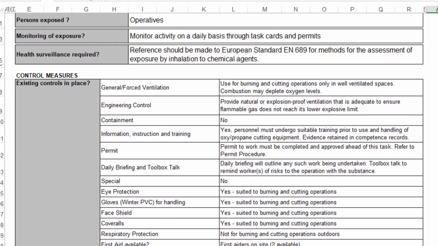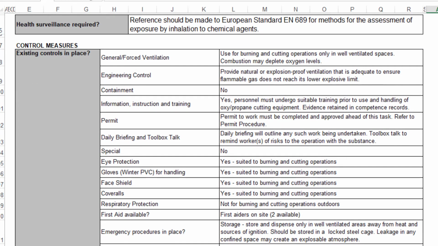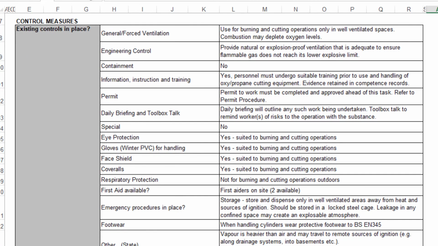We see that we have control measures specifically for our organisation in the use of this substance. So we've identified the control measures and a description of what those are from our permits, from our engineering controls, our toolbox talks, our PPE that's required, the first aid and emergency procedures where appropriate.